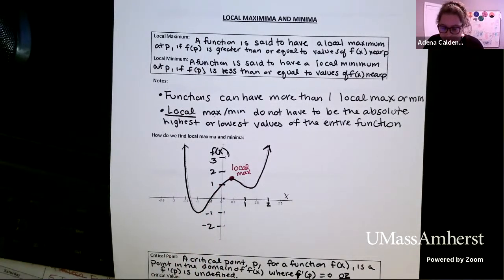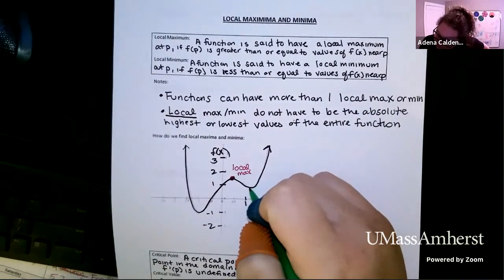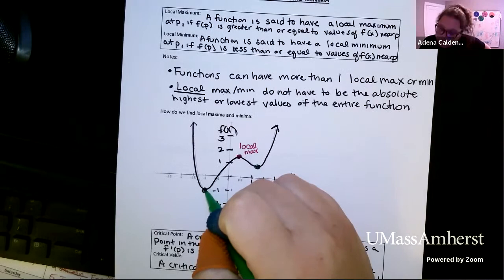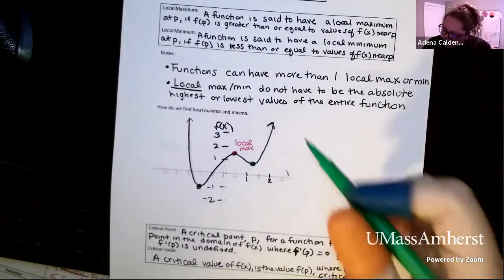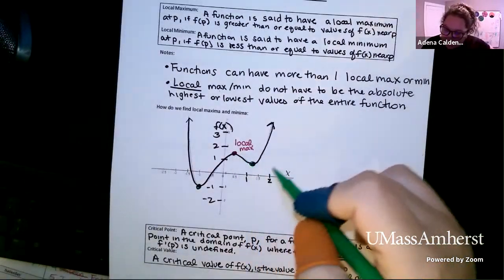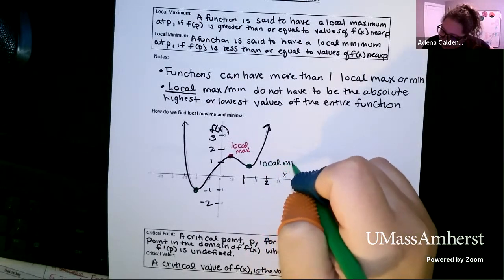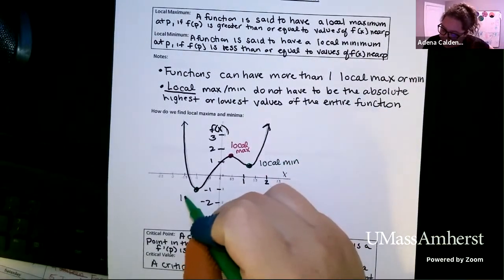Similarly, if we're going to talk about local minimums, we're going to look for points where we are lower than points near the point. So we're going to be at the bottom of these cups. So this is a local min. And over here, we have another local min.